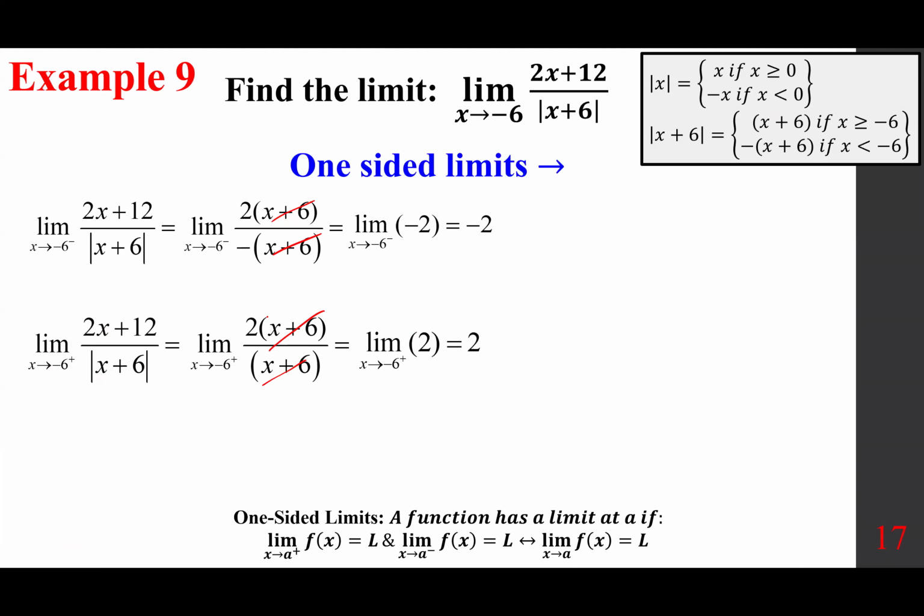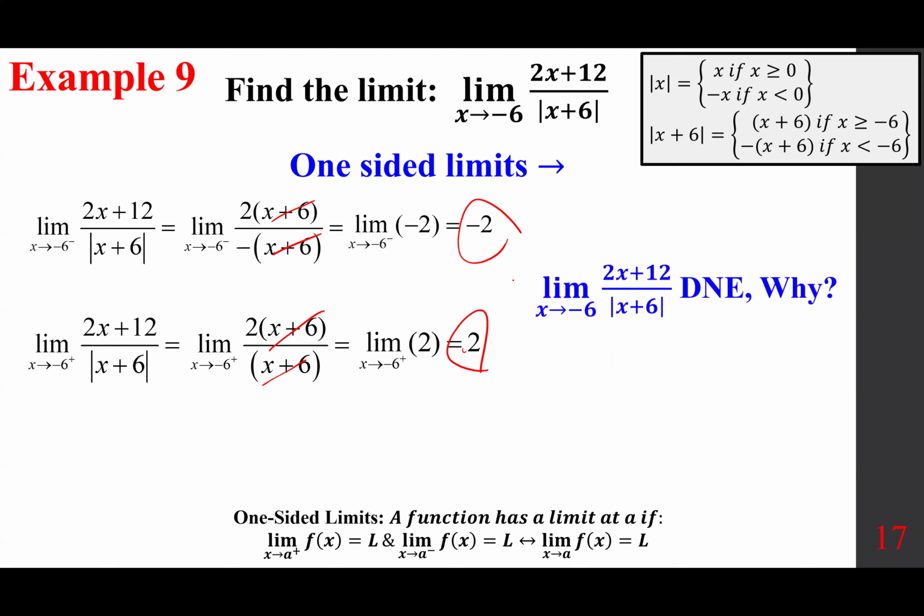So, because the two one-sided limits are different, the limit of the function as x approaches -6 does not exist. And why? I just said it, they are different.